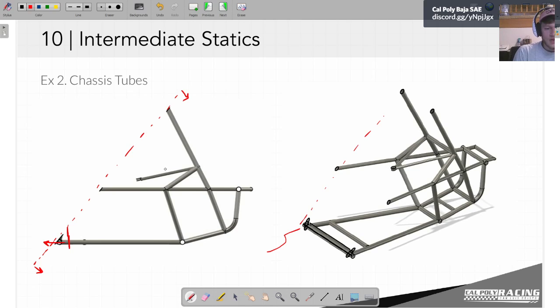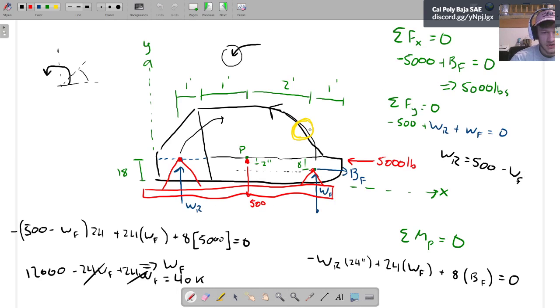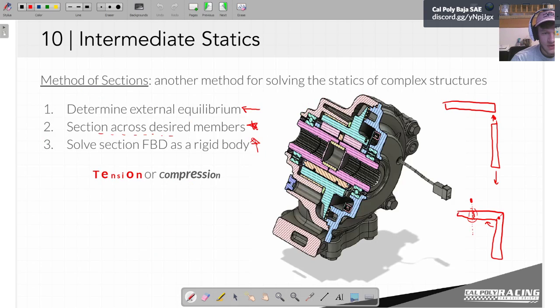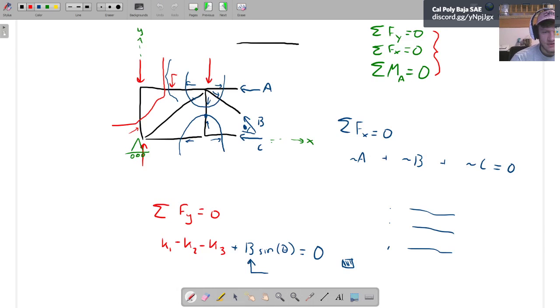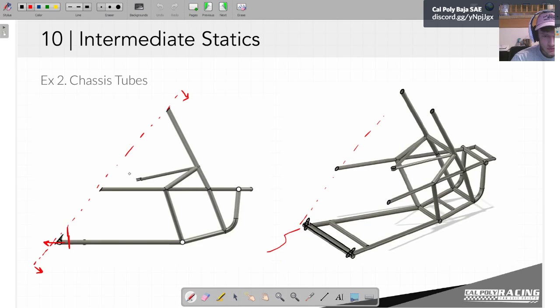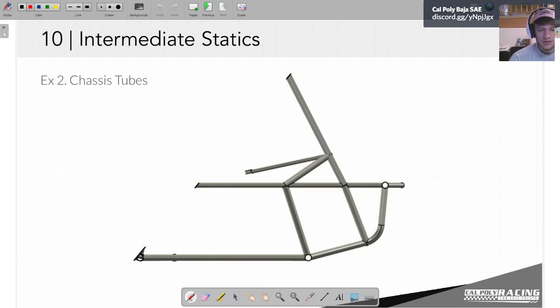So now we can do this problem again and go on to step 2 or 3. Which one did I call it? It would be step 3 here. We solve the section free body diagram as if it were a rigid body. So on we go. Now I need to redraw this as my free body diagram. So we've got 5,000 pounds here.